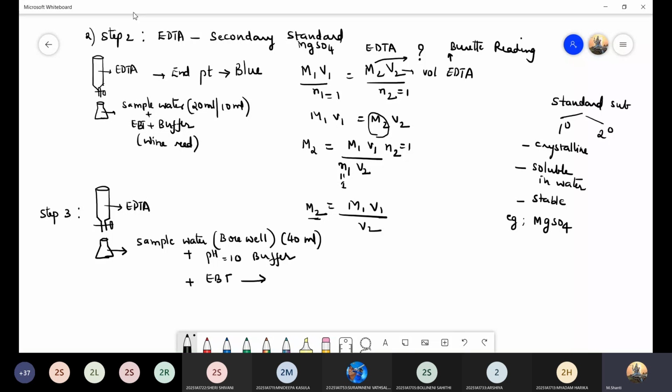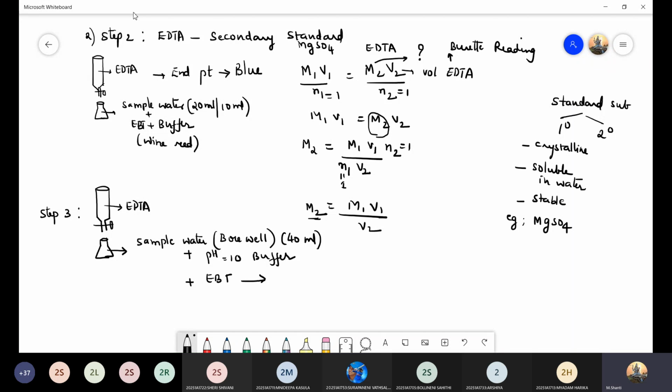Whatever the sample water might be, whether it is borewell water or the hard water you prepared, it contains either calcium or magnesium ions. So when they have calcium and magnesium ions, they form a complex with the indicator, right?